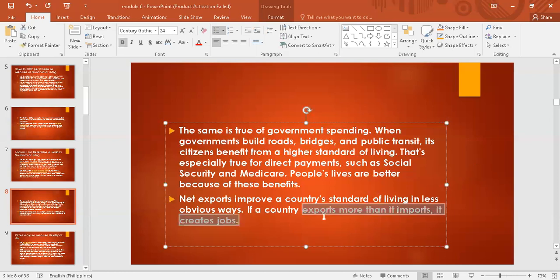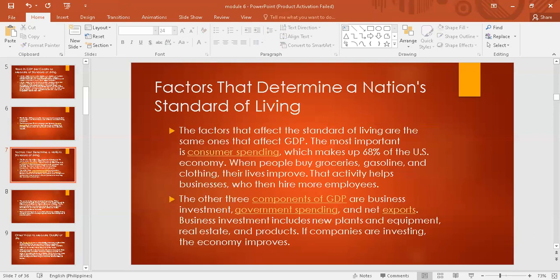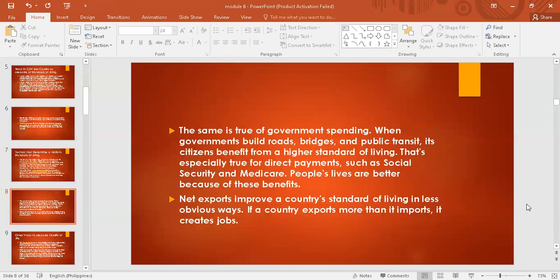It is good for a particular country to be exporter rather than importer. Okay? So these are the 4 factors of determining a nation's living standard or standard of living. Consumer spending, investment, government spending, and the net exports.